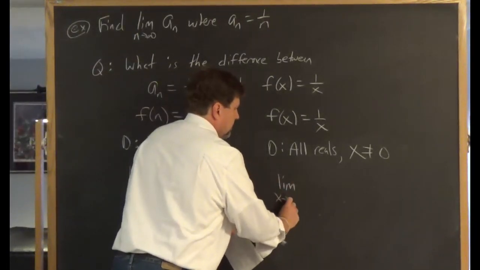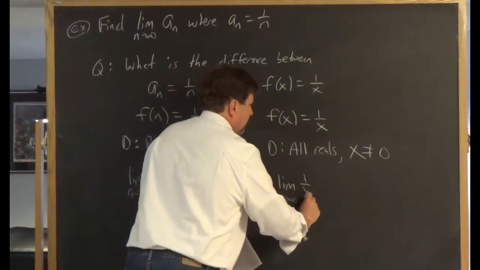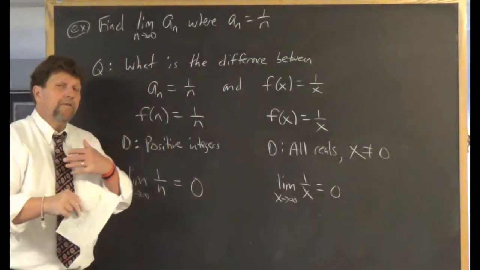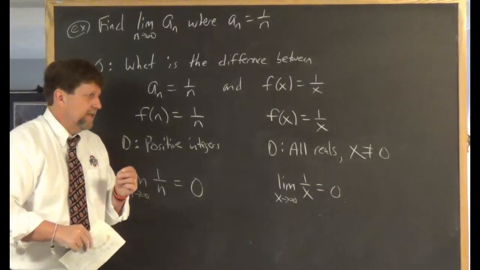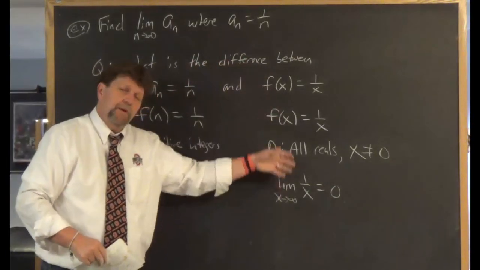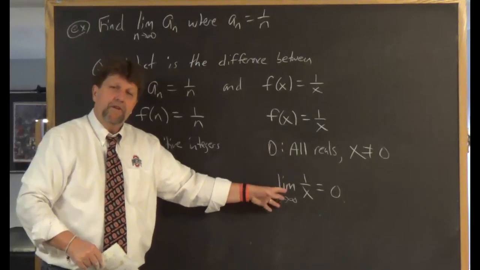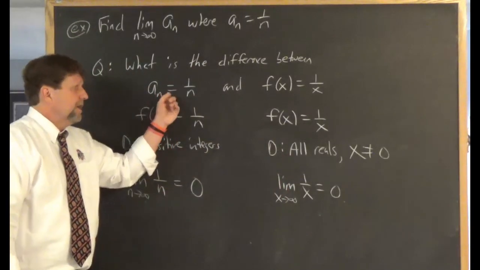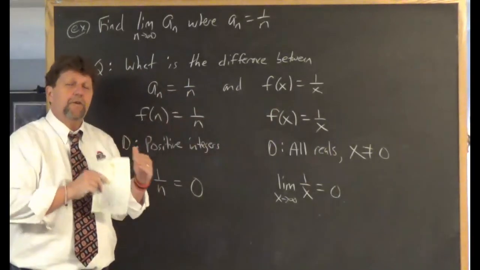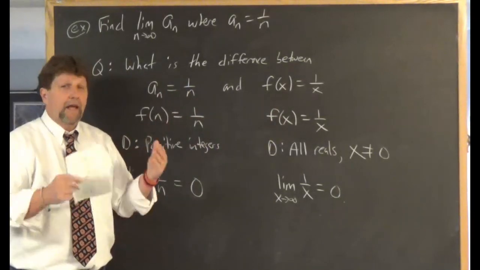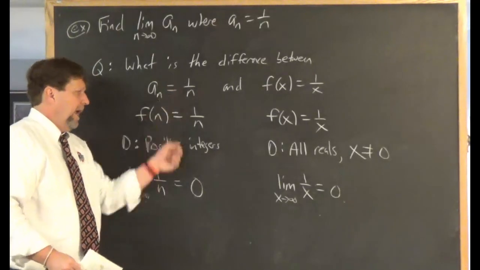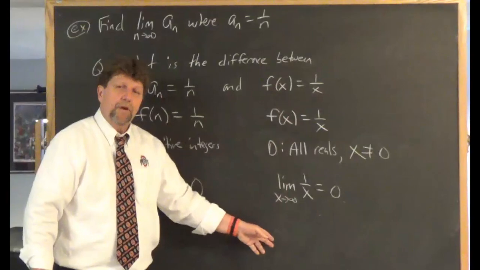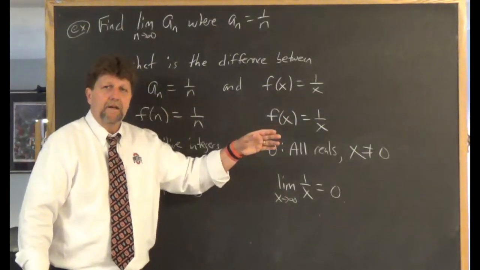The limit as x goes to infinity of 1 over x is 0. So what we're going to formalize is, because we know what's happening with the real variable case, we can use that information to tell us what's happening for the positive integers. As long as these two functions are identical for the positive integers, and they are, the behavior of the sequence has to be the same as the function of the reals. It's along for the ride.